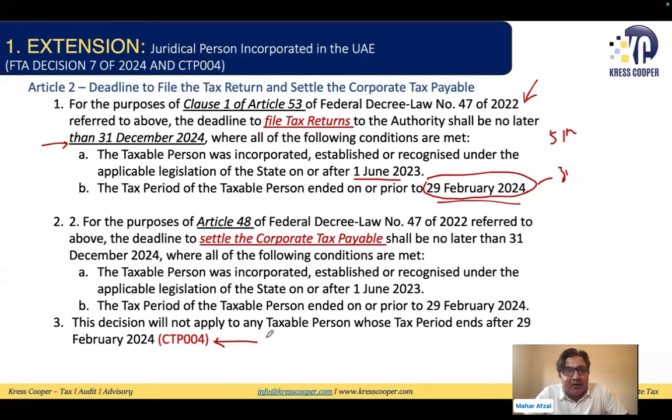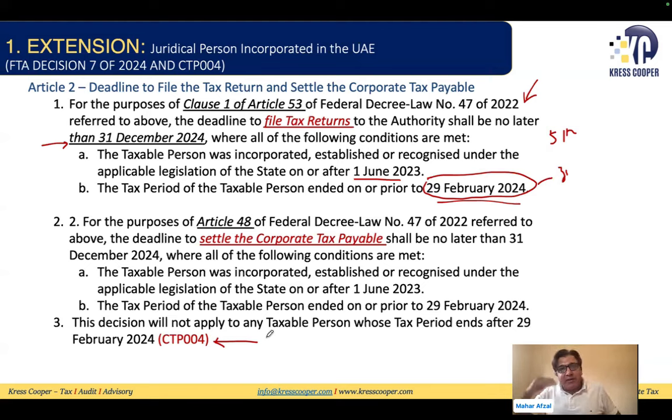You will be liable to submit the return within 9 months from the end of the relevant tax period. So this extension has been granted as an exception. If your return was due by 30th September, 31st October, or at maximum 30th November, you can extend it and submit it by 31st December. And if your return is already due on 31st December, there is no further extension.